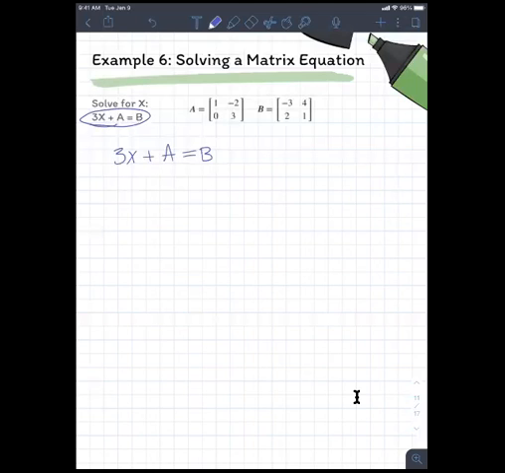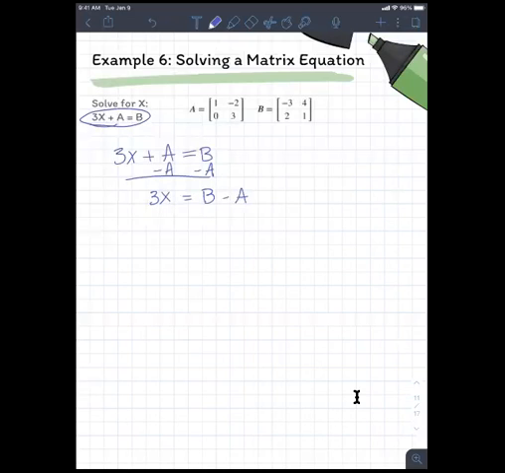Okay. All right, Luis in the chat said that we should subtract A from both sides. And I do agree. So we would have 3x equals B minus A. Are we okay with that part?